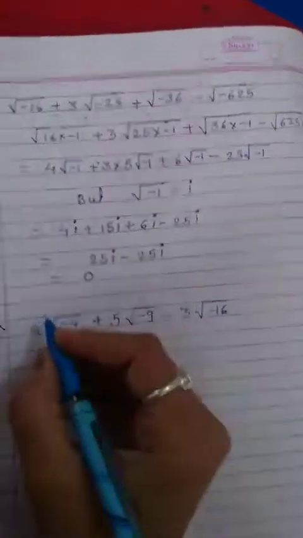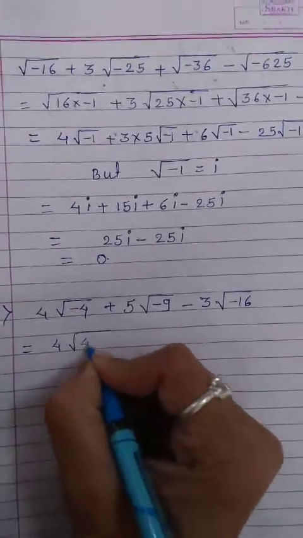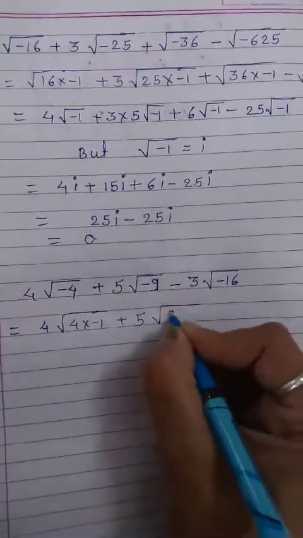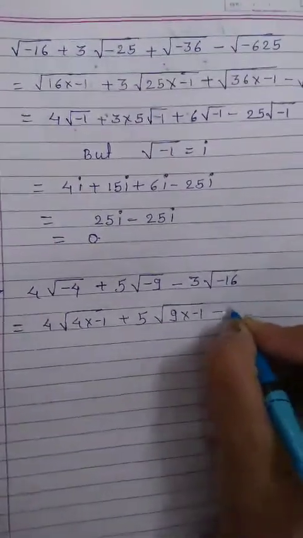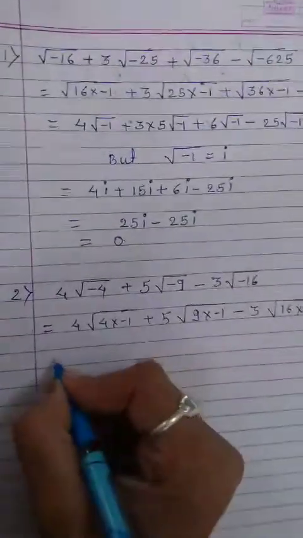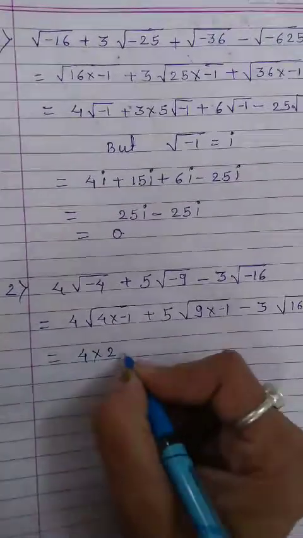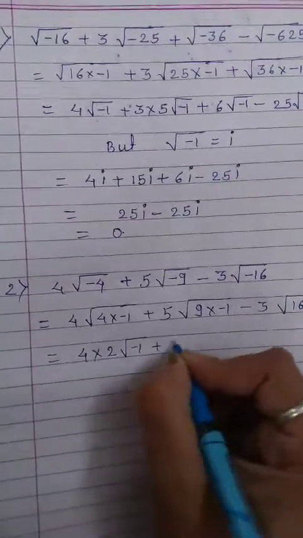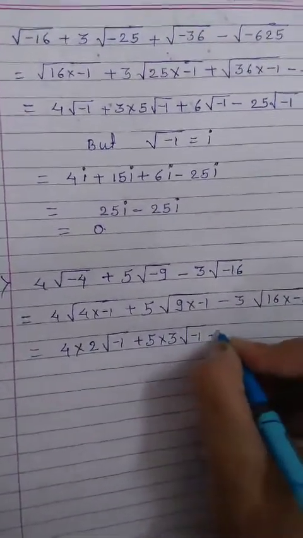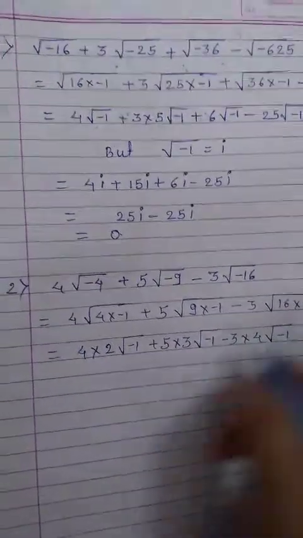Now the second example, again we can solve in the same way. So this is 4 into minus 1 plus 5 root 9 into minus 1 minus 3 root 16 into minus 1. Now the square root of 4 is 2, root minus 1, plus 5, the square root of 9 is 3, root minus 1, minus 3 into 4, square root of minus 1.